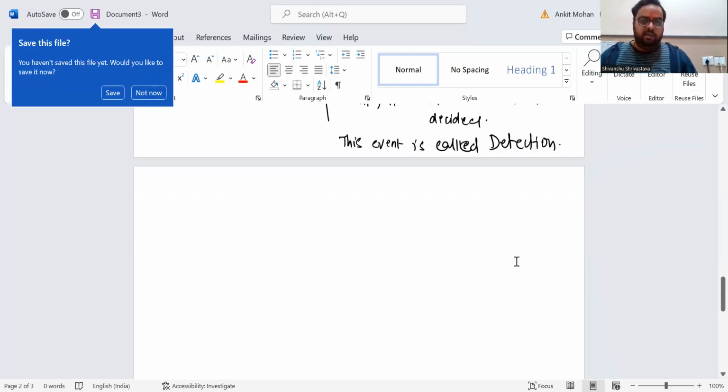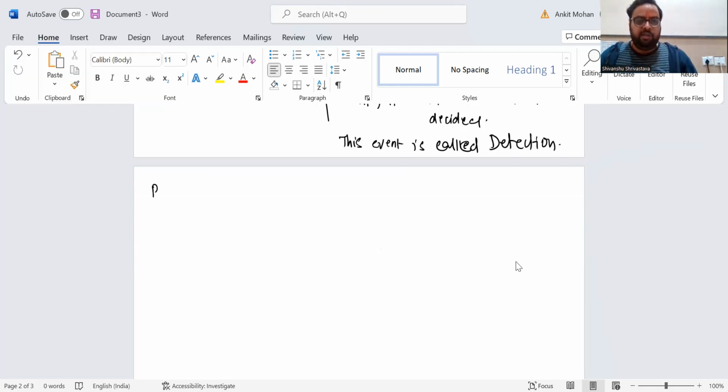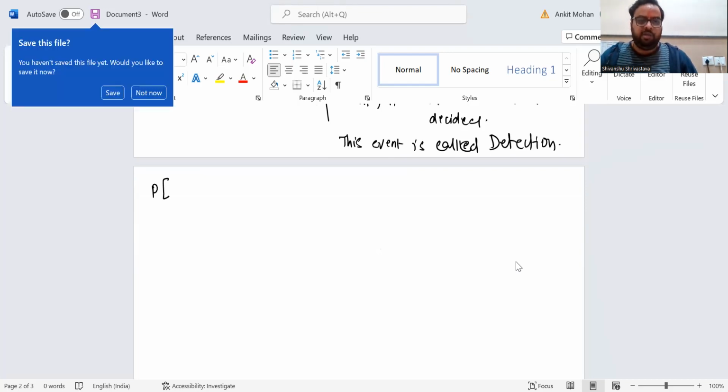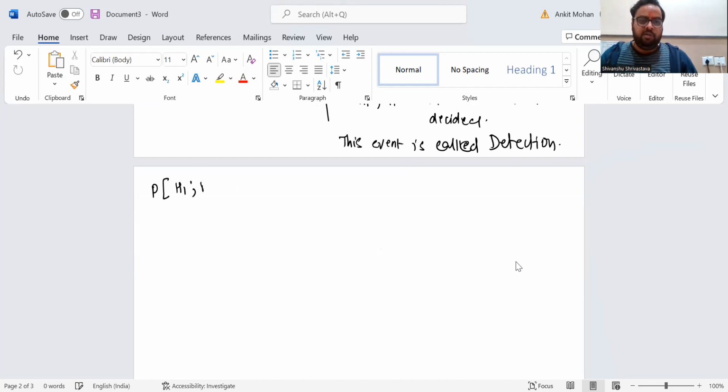Basically, we directly write it as detection, and the probability of this event is known as the probability of detection.